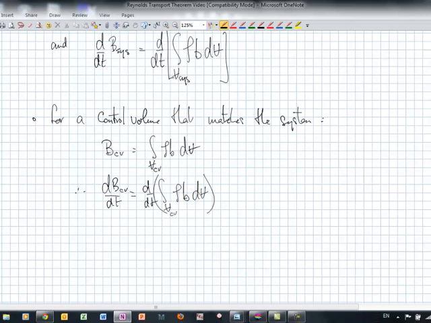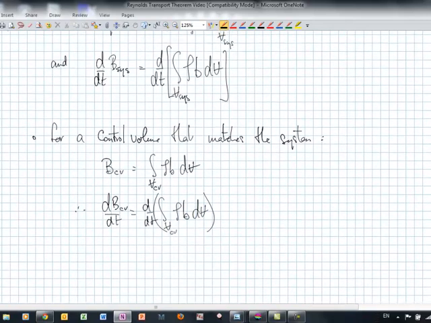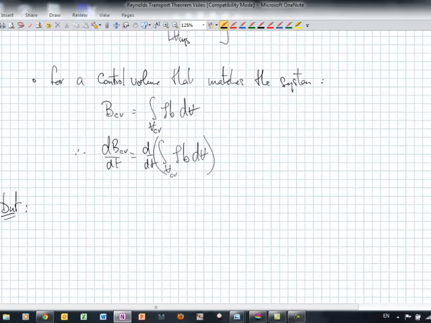And what we want to notice critically is that these two rates of change are not necessarily the same. That's what we want to highlight here. d/dt of the extensive property over the system is not equal to d/dt of the extensive property over the control volume.